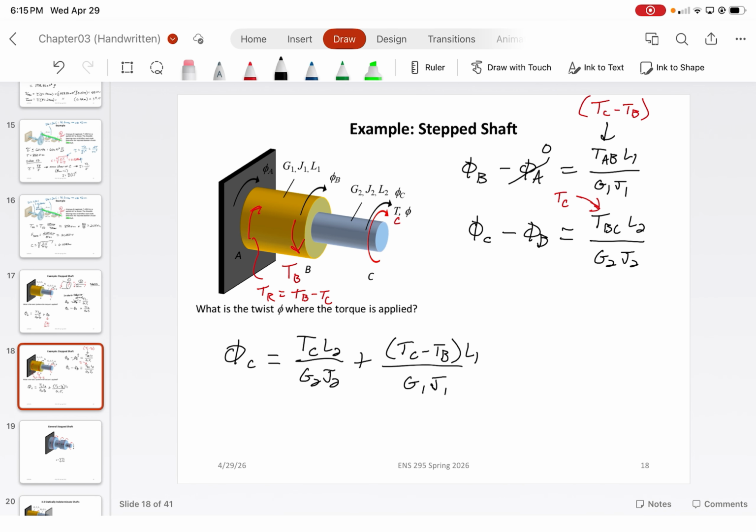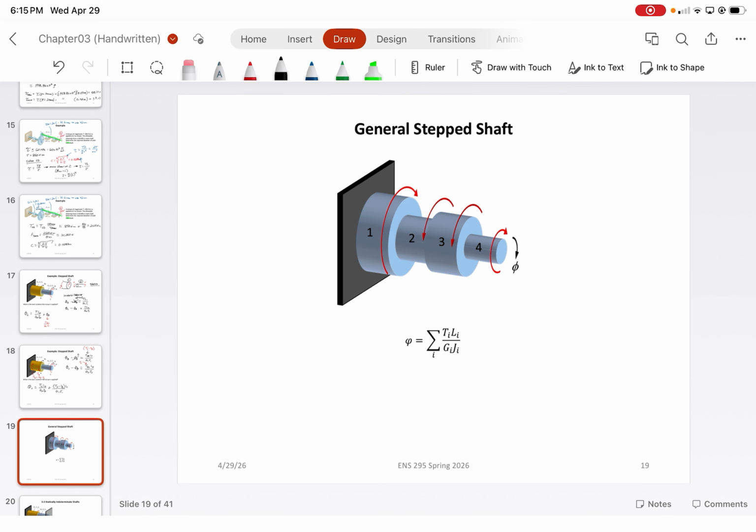All right. Now this step will basically continue on for any number of shafts. So the idea is that the angle of twist is just the summation of the individual torques multiplied by each component's length, divided by the shear modulus of each block, divided by the polar moment of inertia of said block. Keep in mind that each value of i is just block 1, 2, 3, and 4.